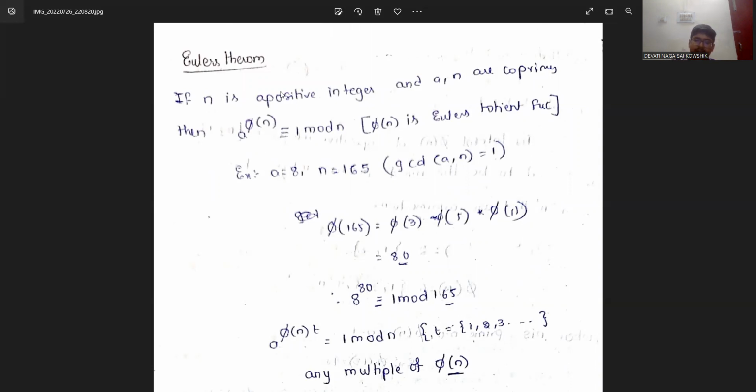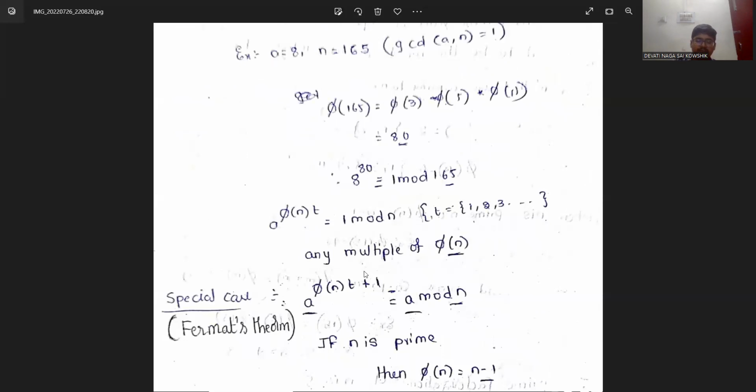Substituting this 80 in the equation a power phi of n congruent to 1 mod n, we get 8 power 80 is congruent to 1 mod 165. More generally, a power phi of n into t is congruent to 1 mod n, where t equals 1, 2, 3 and so on. This is the general form of Euler's theorem.